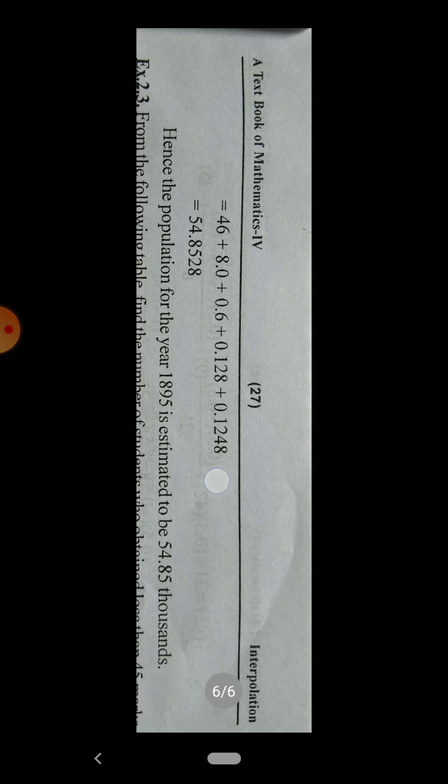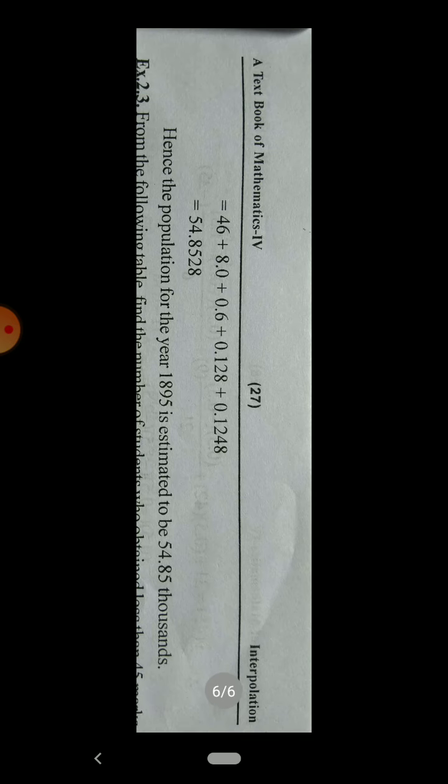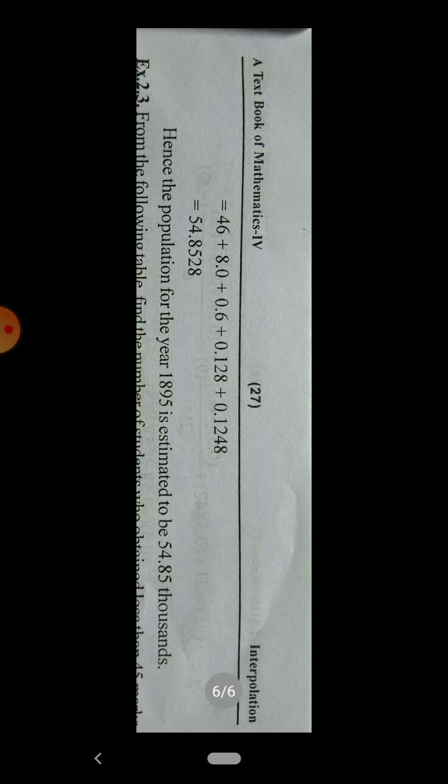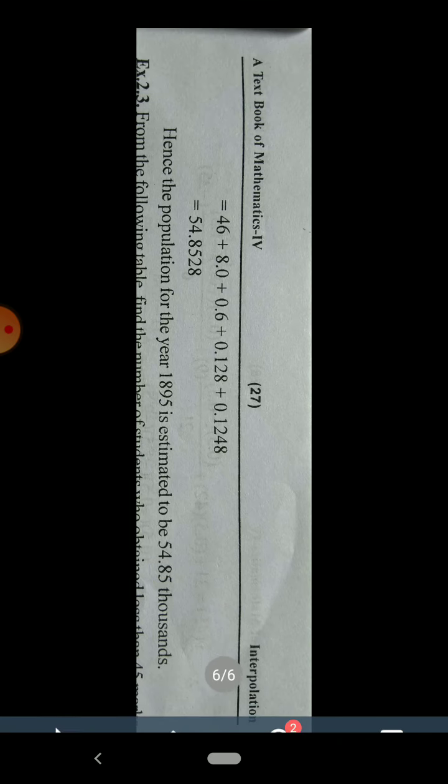The first term is 46, second 0.8, then 0.6, 0.128 plus 0.1248, and after taking the sum, it will be 54.8528, and therefore the population for the year 1895 is 54.85 thousands.